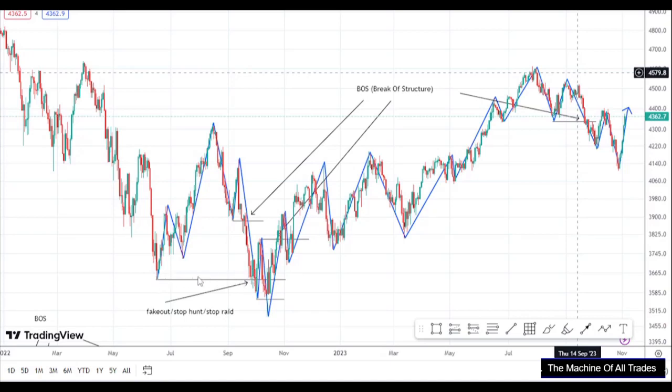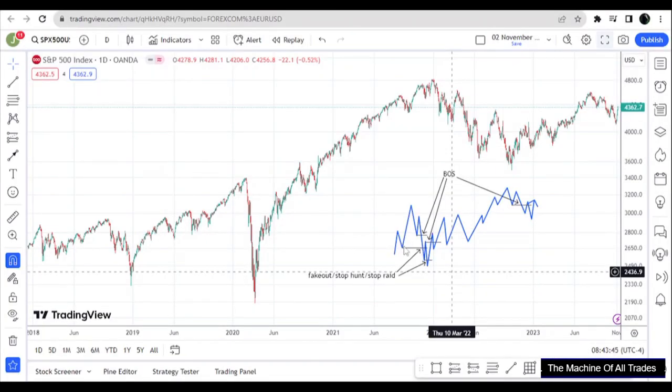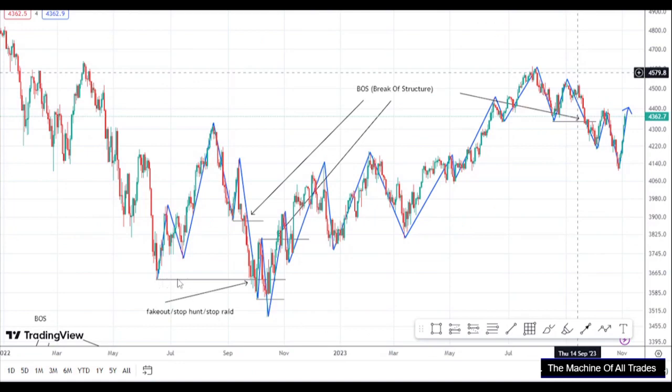So here's a fake out that I told you about. This one. This is the fake out I was talking about. Why is it a fake out? It broke to go to the upper side. So when you get into the weekly time frame, what are you going to realize?